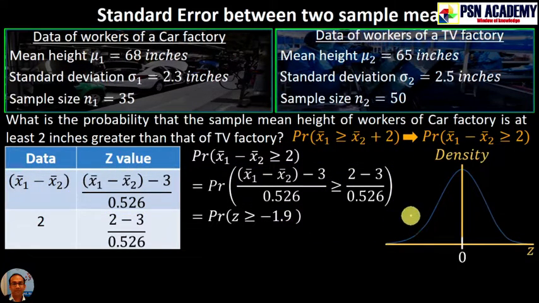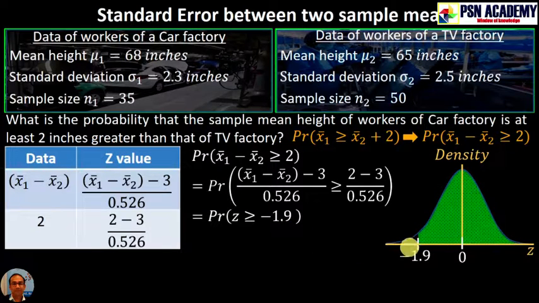Now look at this figure. This is a normal distribution in z scale, and this 0 in z scale is actually the mean in the raw scale. Now suppose this minus 1.9 is standing here. So the probability of z greater than or equal to minus 1.9 is the green region, including this minus 1.9 data point, because it is given greater than or equal to minus 1.9.